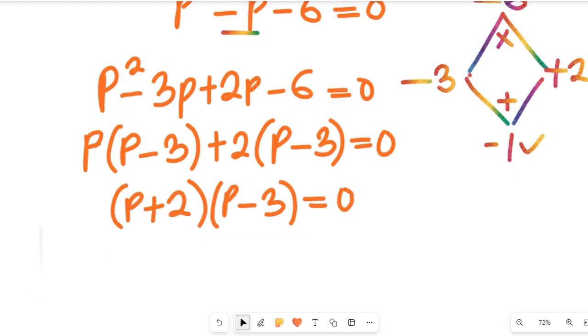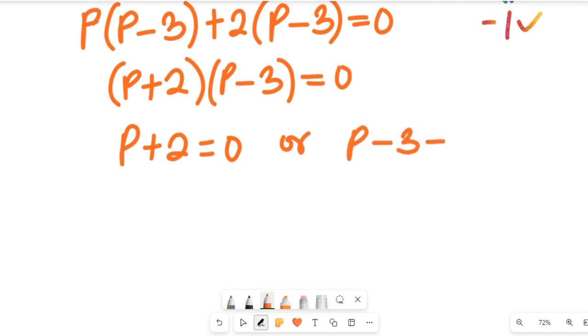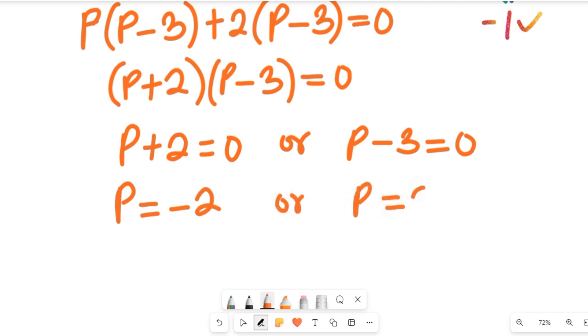So from this expression, you're going to see that p plus 2 is equal to 0, or p minus 3 is equal to 0. So what do we have here? If we subtract 2 from both sides, we'll have p equal to -2. And if we add 3 to both sides, we're going to have p equal to 3.